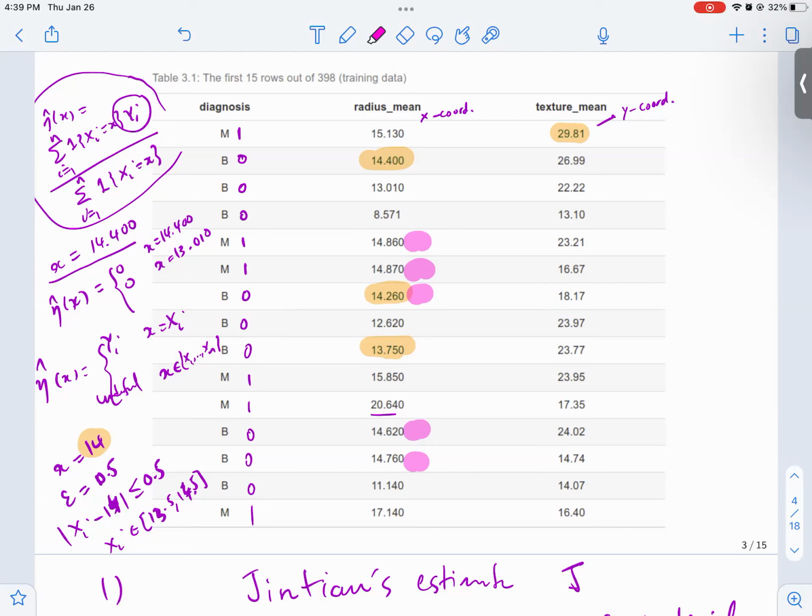Let's say you didn't know about logistic regression. If you wanted to come up with a classifier, would you say that these two examples are more similar than the case that has a very different value? If the radius tells you something, an example with radius 20 is it more similar to the case that has 14 or the case that has radius 14.4?